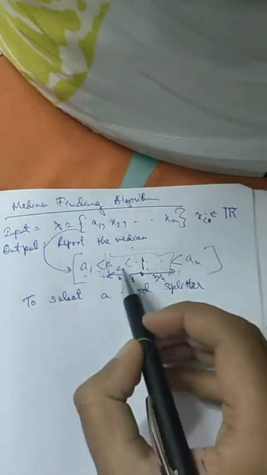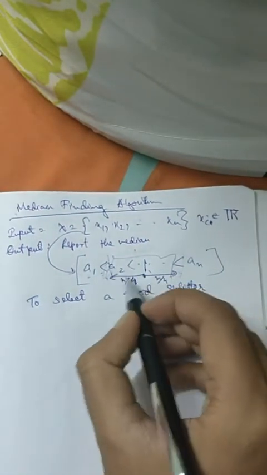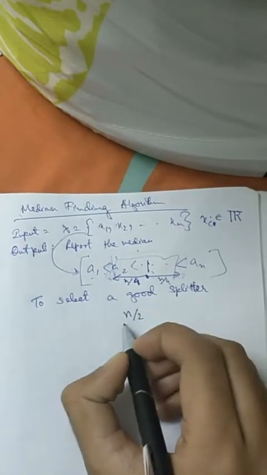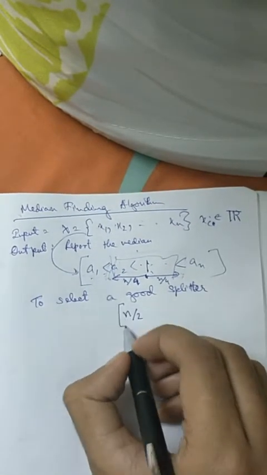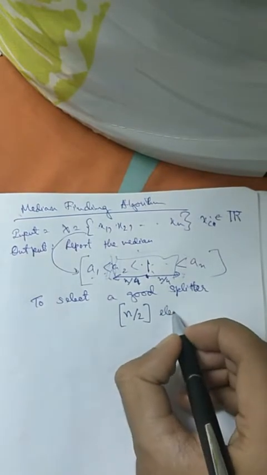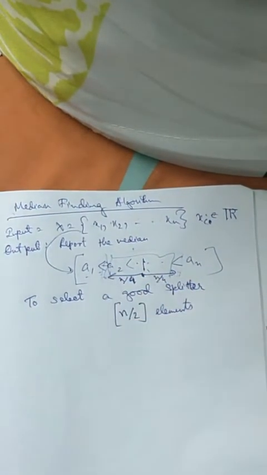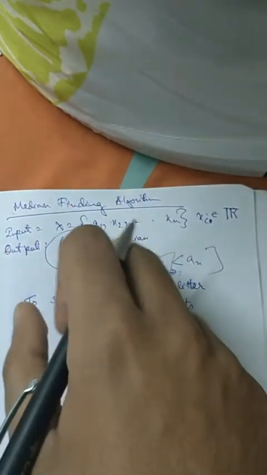So basically this is n by 4, this is n by 4, so this is the n by 2 part of the array. So n by 2 elements are in this part. These n by 2 elements are scattered inside this entire sequence, but they are there.